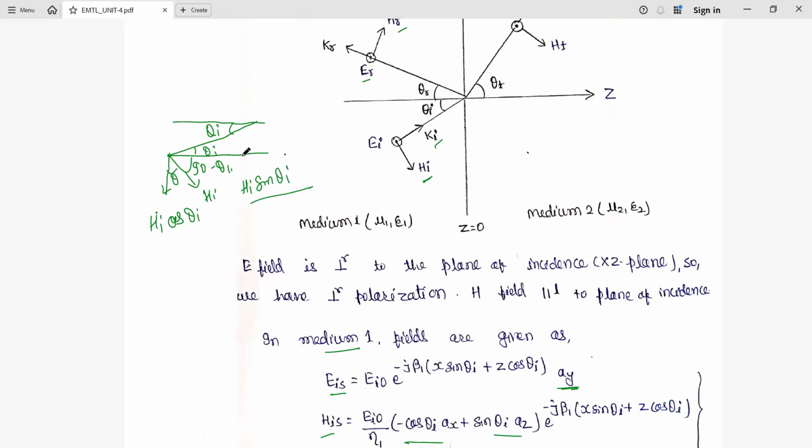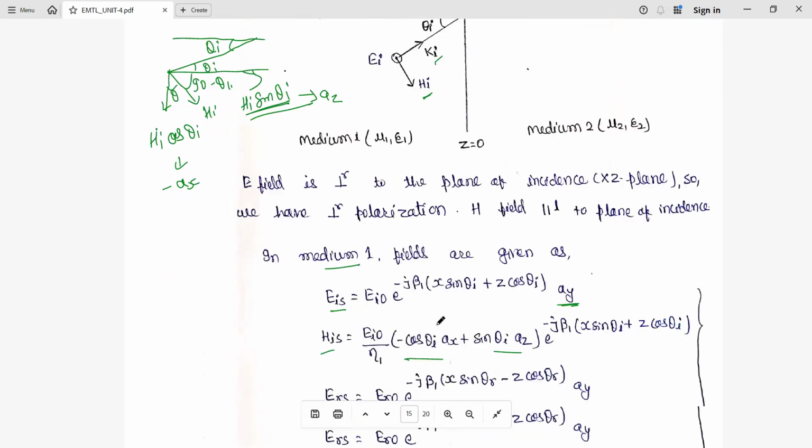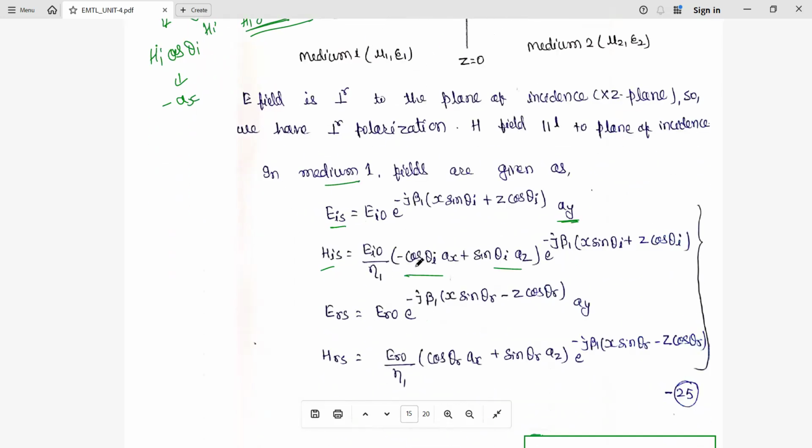What we see is that Hi sine theta is along the z-axis, whereas Hi cos theta is along the negative x-axis. That's why, as per that, the sign changes here. We have minus cos theta i ax, sine theta i az, and it is traveling along the z-axis, so that's why there is a plus sign here.